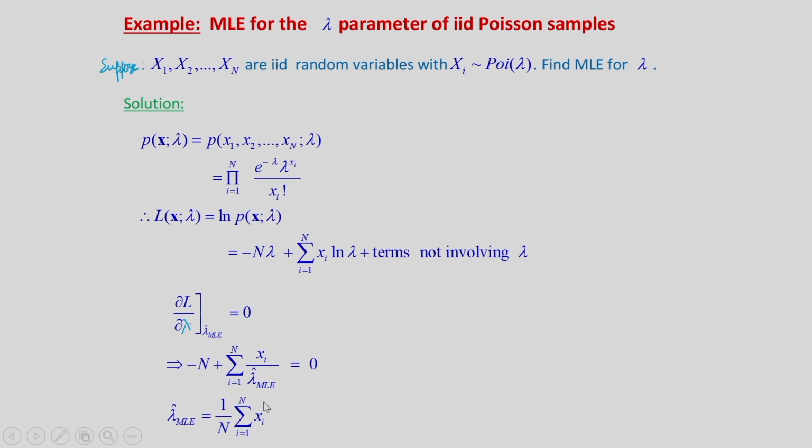If we solve this, we will get that lambda hat MLE is equal to 1 by n summation xi, i going from 1 to n. So, that way we can find the maximum likelihood estimator for the lambda parameter. This is the sample mean only.